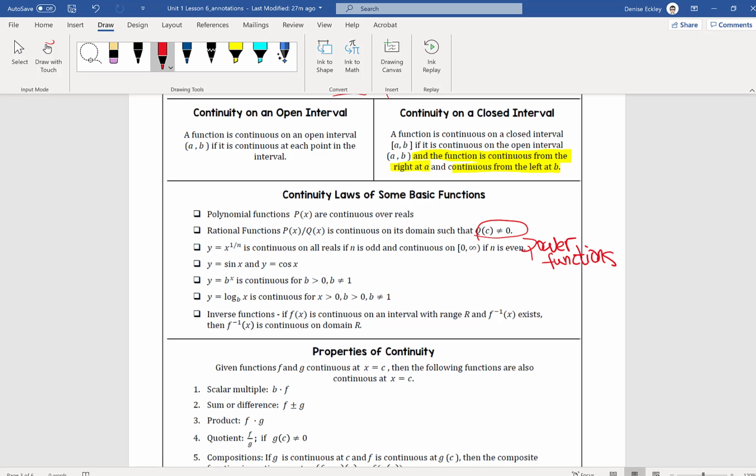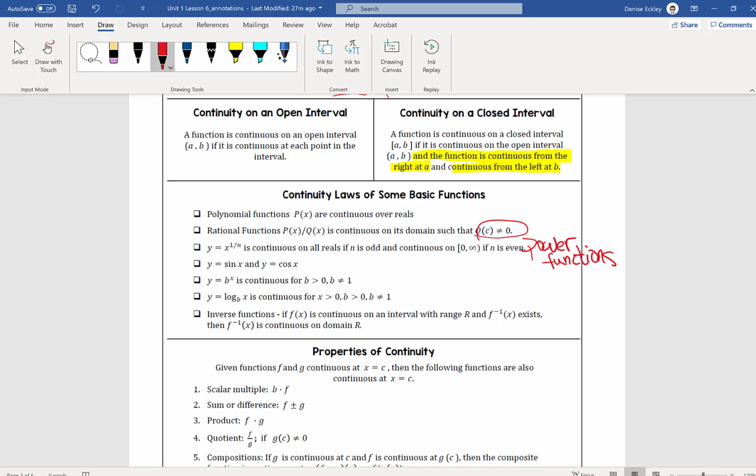We also know sine and cosine are continuous. For b to the x, we know exponential functions are continuous for b greater than 0, and b can't be 1. Log functions are continuous as long as x is greater than 0, b is greater than 0, and b cannot equal 1.